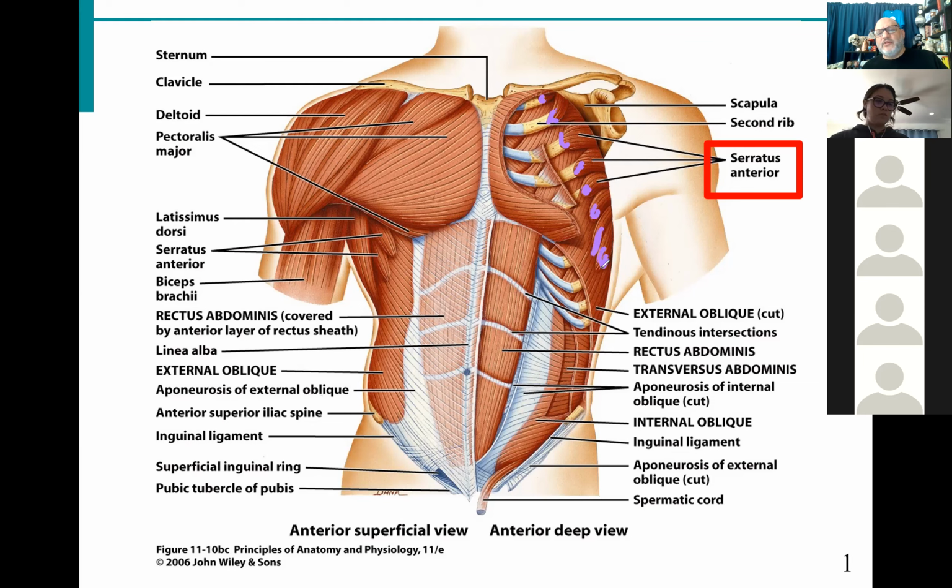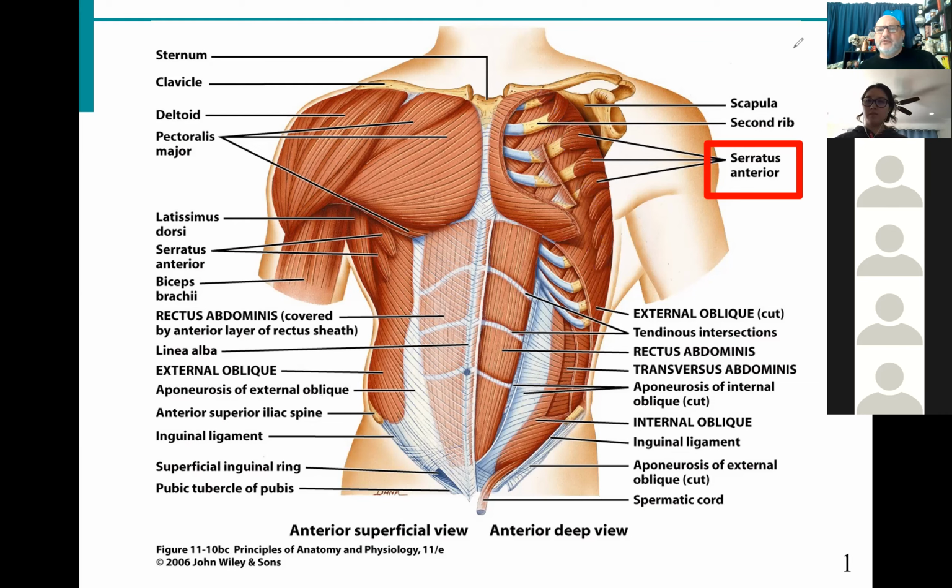And notice you can see where it gets its name. On the anterior part of the body, we have this kind of scalloped appearance to it where these muscles attach. That scalloped or serrated edge, like a serrated knife, is where we get the name for this. It has that serrated appearance to it.